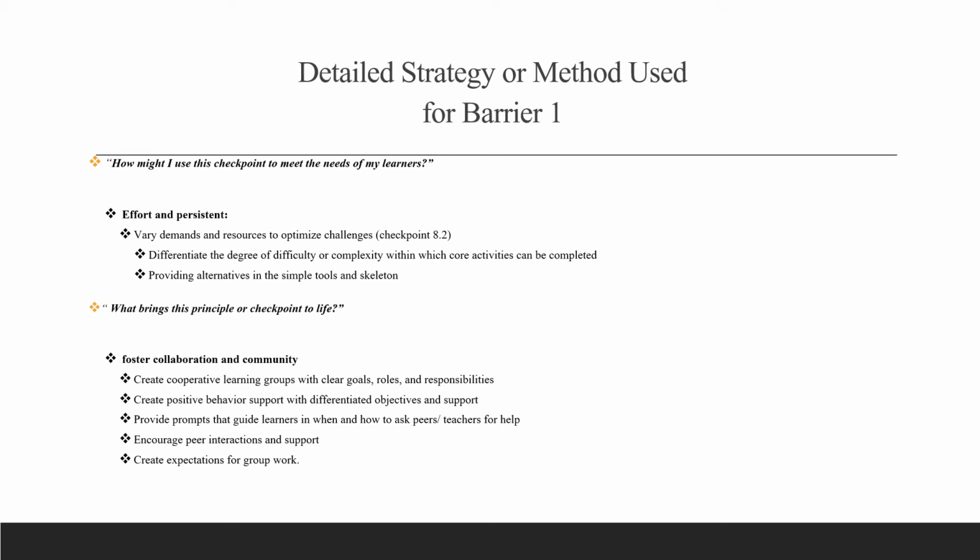I'm going to use checkpoint 8.2, which is vary demands and resources to optimize challenge. I chose two of them, but there are many more points that I could use to help my learners understand the checkpoints better.